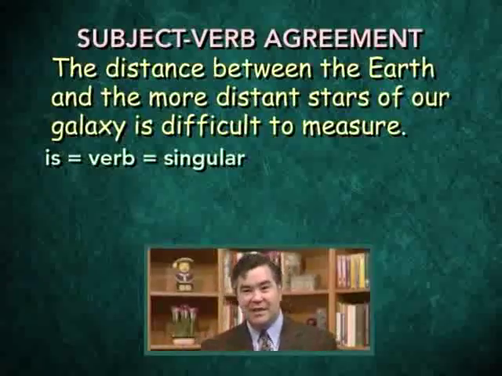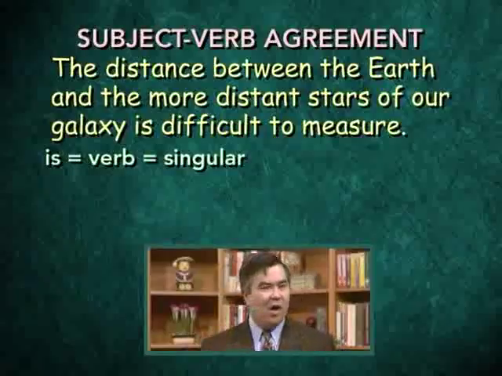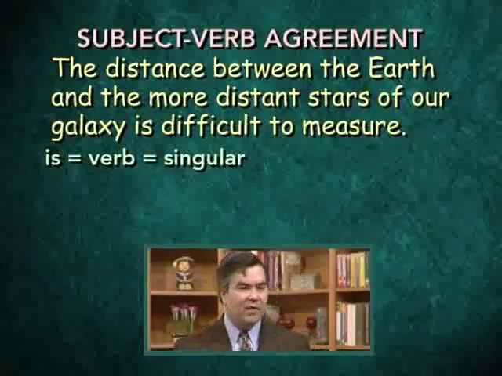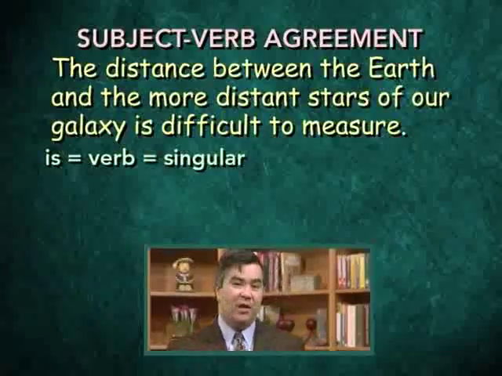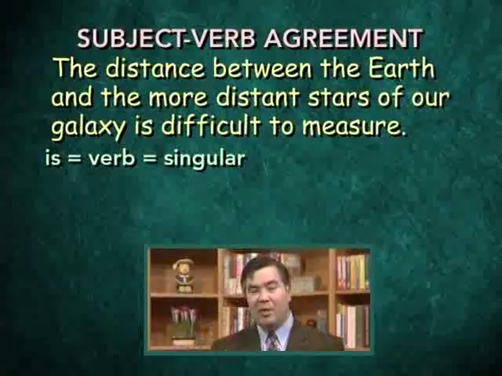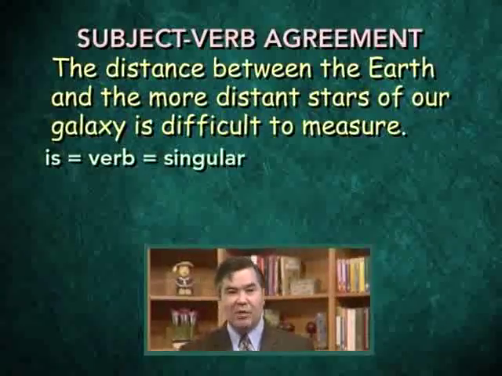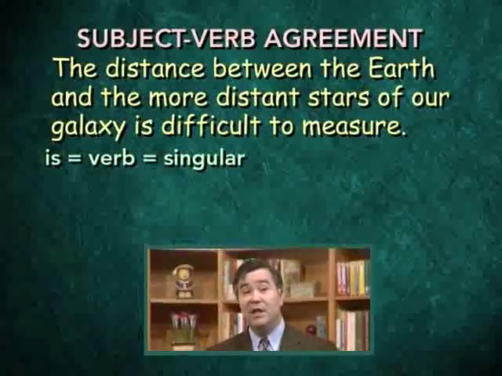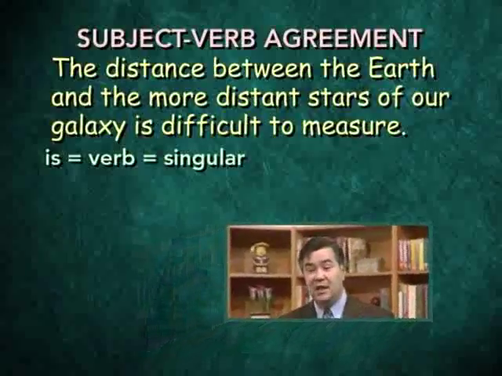Is it the distance? Is it the Earth? Is it the stars? Is it the galaxy? All of those are nouns, and any one of them could be the subject of the verb. But which one really is the subject of the verb? Well, in order to figure out what's difficult to measure, we need to eliminate prepositional phrases. That will help us zero in on what the real subject of the verb is. And there are a few prepositional phrases here.